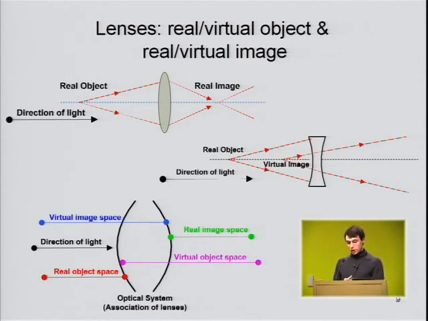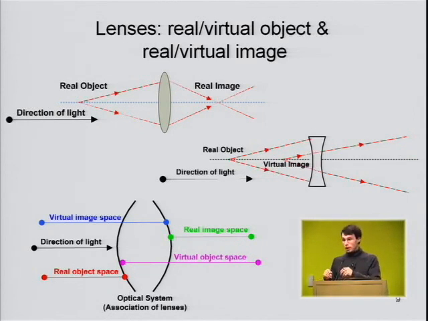Now, if we look at the case of a concave lens, same configuration, I'm putting precisely the same object at the same distance from the concave lens. If I put a screen or a CCD on the other side of this concave lens, I'm unable to see a picture.